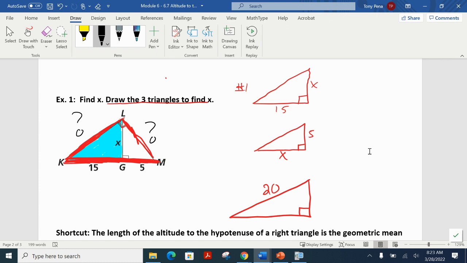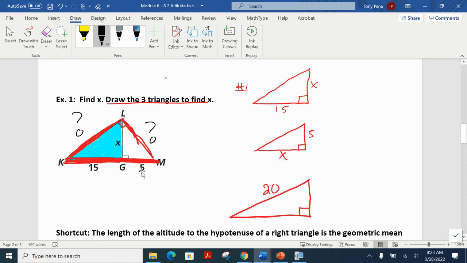And then set up that proportion. All right. The only two we could use would be these first two here. Because if we come down here, we only know one of those sides. So we don't know enough information here.